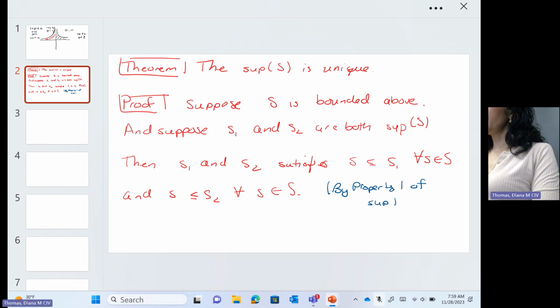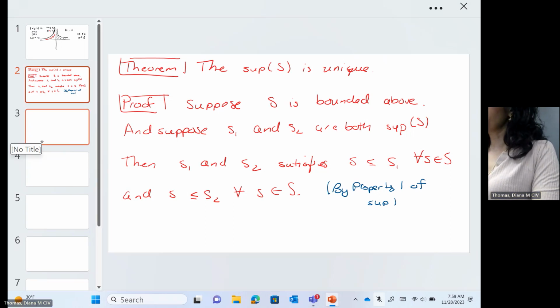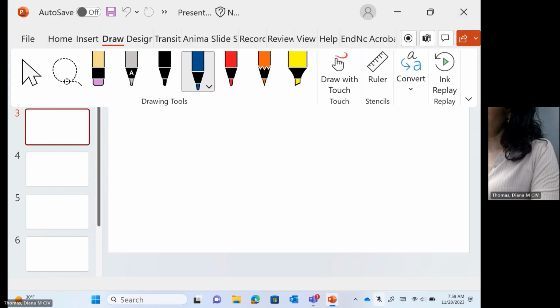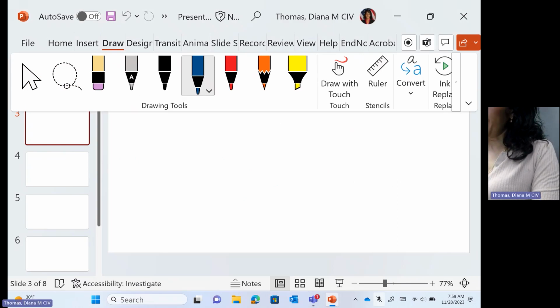Property 2 says that if there's another upper bound, the SUP has to be the best, the smallest upper bound. So I'm going to apply property 2.